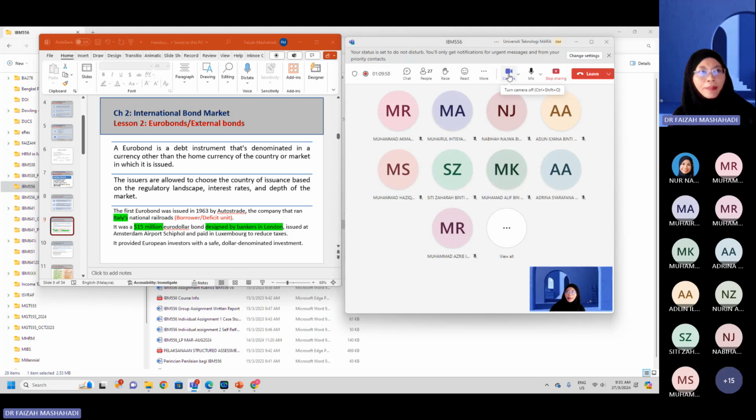Why can't we use RM? Kenapa kita tak boleh guna RM? Because popularity, credit ratings are important, right? The most demanded currency is also important. If you issue in RM, who's going to purchase bonds denominated in RM? But if you issue in US dollar or in euro, there will be investors, public investors, who will purchase the bonds because of the denomination. You're talking about internationally accepted currency.